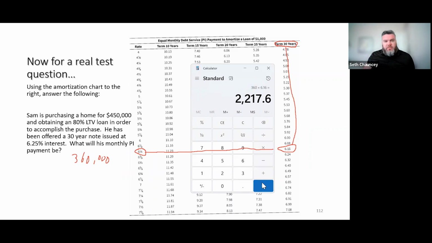Because remember, that chart is based off of 1,000. So the question you're always answering is how many times does the 1,000 go into our principal balance? Just find how many times it goes into it and then multiply by the loan factor. And that gives you your principal and interest.